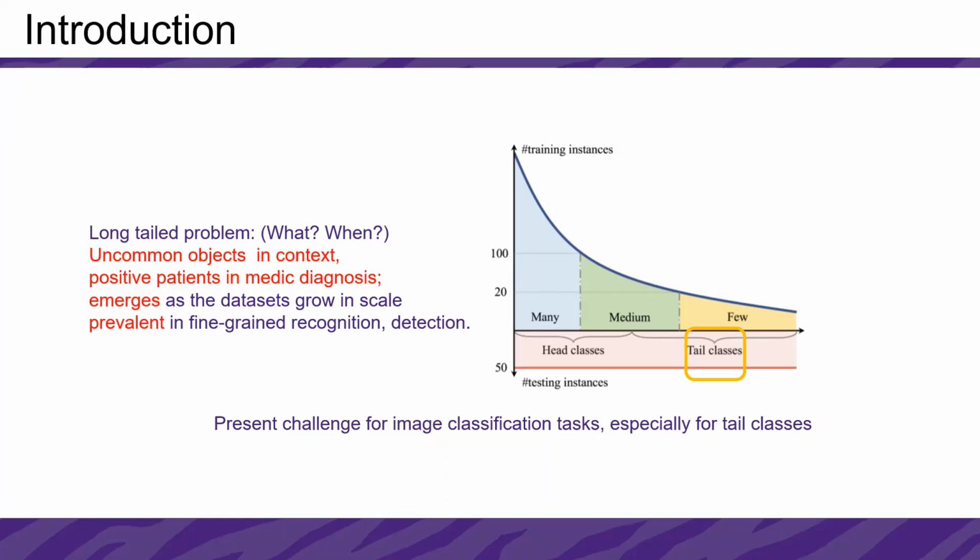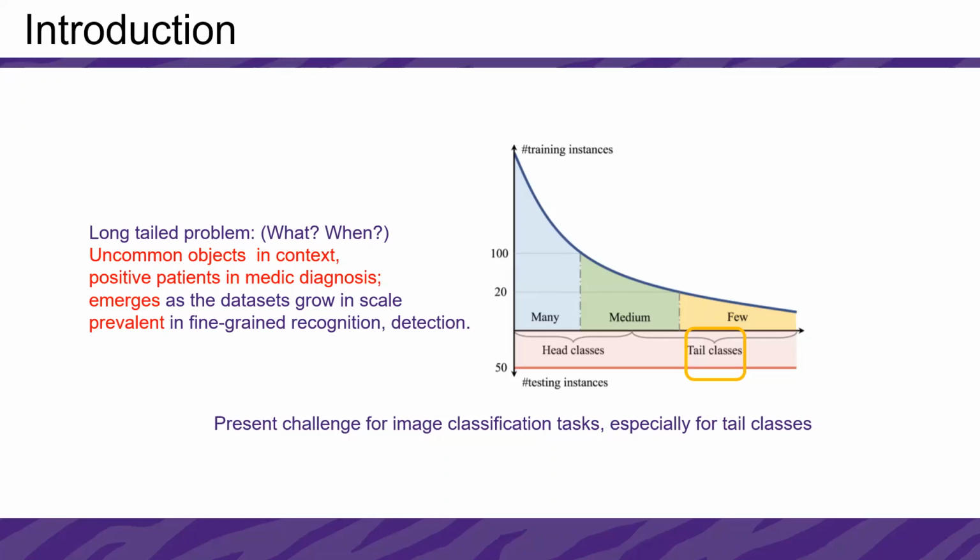As you know, the uncommon objects in context are dominant, but the size of them is very small, and the positive patients are dominant, and the number of them is small. So when does this problem happen?